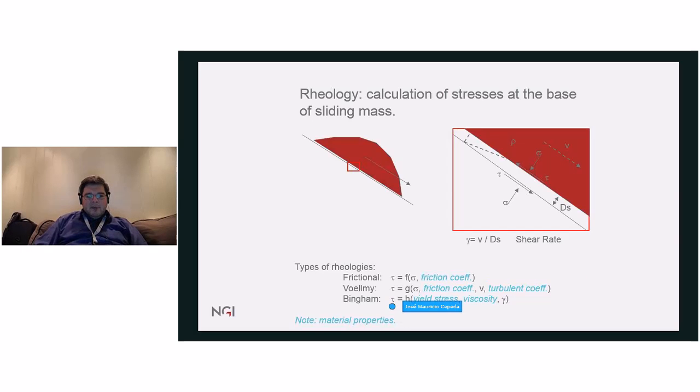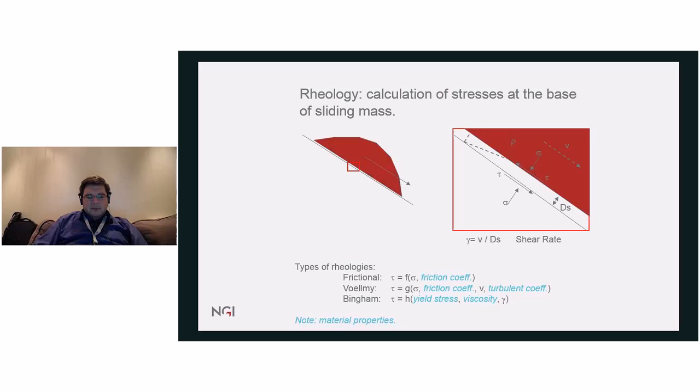And finally, the Bingham model, where the shear stress depends on two properties, the yield stress and the viscosity, and the shear strain. The shear strain is just given by the ratio between the velocity and the width of the shear band.